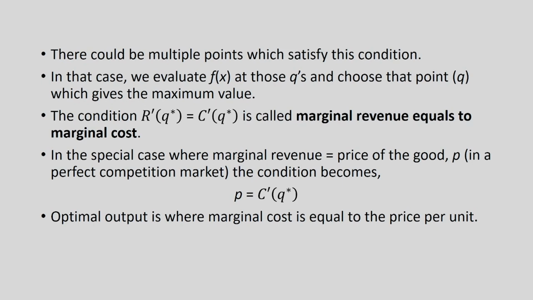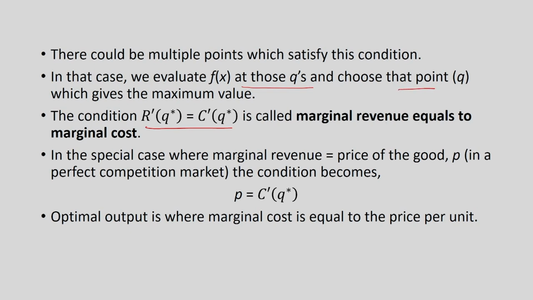So, it is not necessary that you have only one Q star for which this condition is satisfied. If there are multiple points for which this condition is satisfied, what do we do? We evaluate pi at those Q's and choose that Q which gives the maximum value.